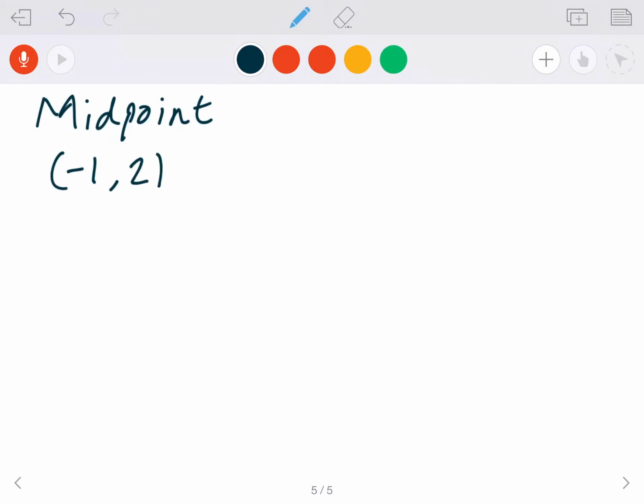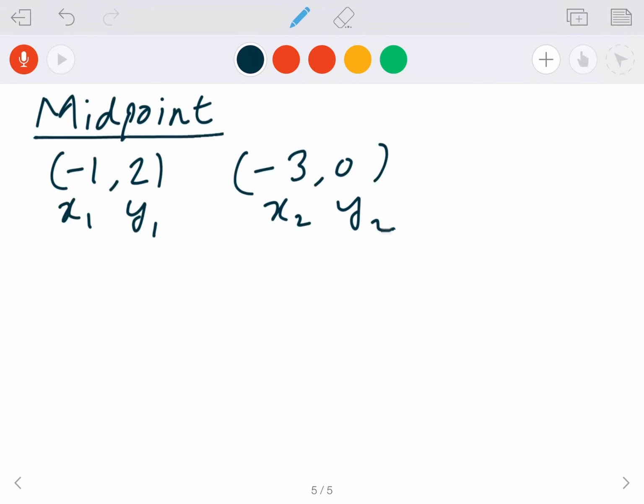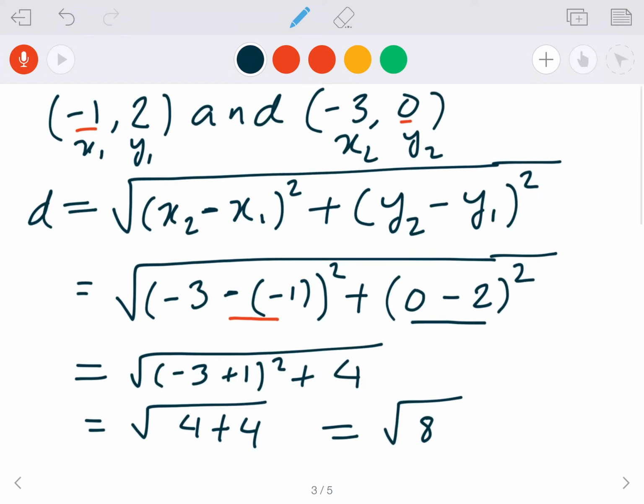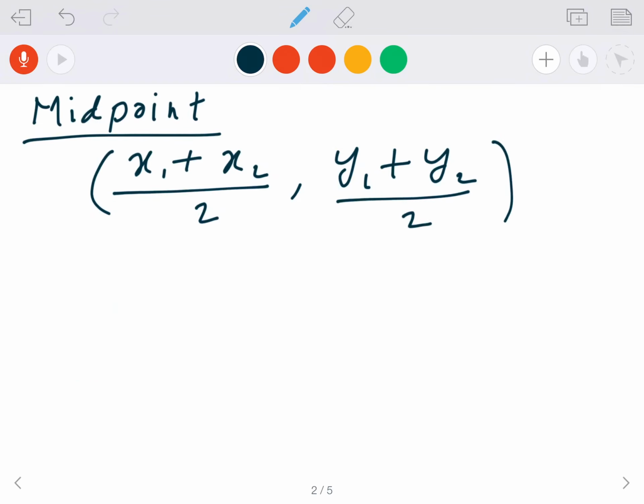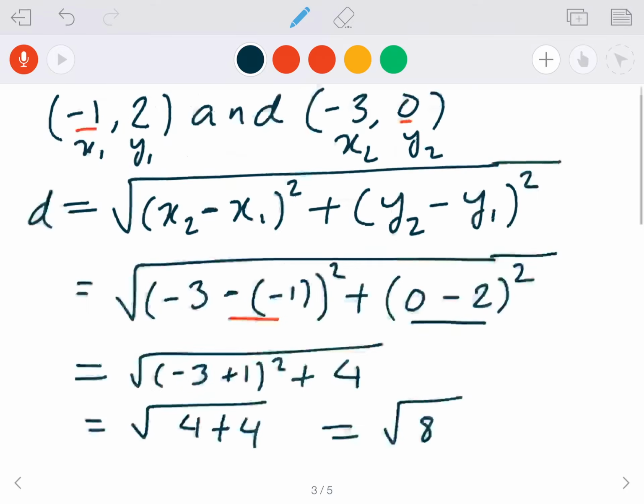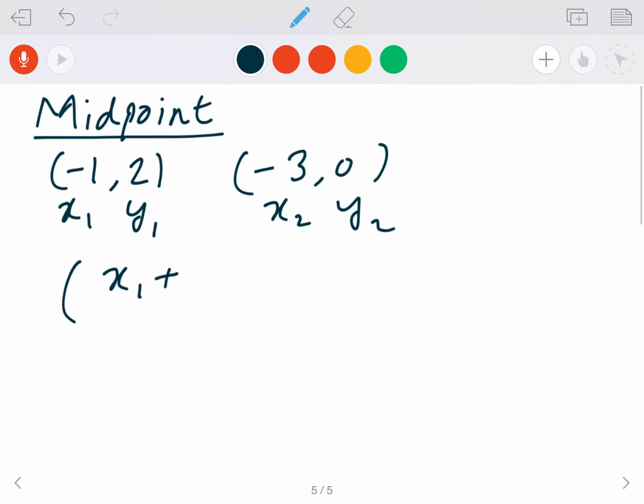Okay, and the midpoint. Like I said, I have 2 points, which are negative 1 comma 2 and negative 3 comma 0, and I assume this is x1, y1 and x2, y2. The midpoint formula is x1 plus x2 over 2 comma y1 plus y2 over 2.